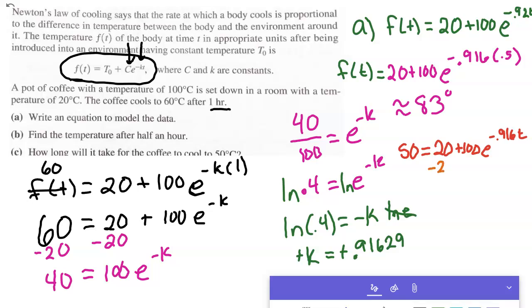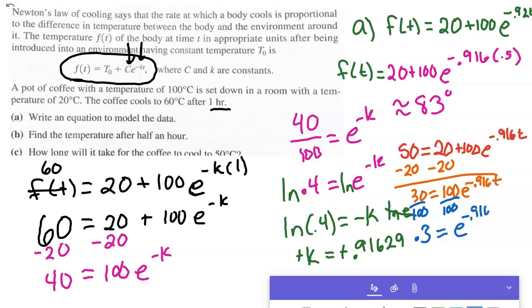So you would subtract 20, and 30 equals 100 e to the negative 0.916 t. Then you would divide by 100, and 0.3 equals e to the negative 0.916 t.